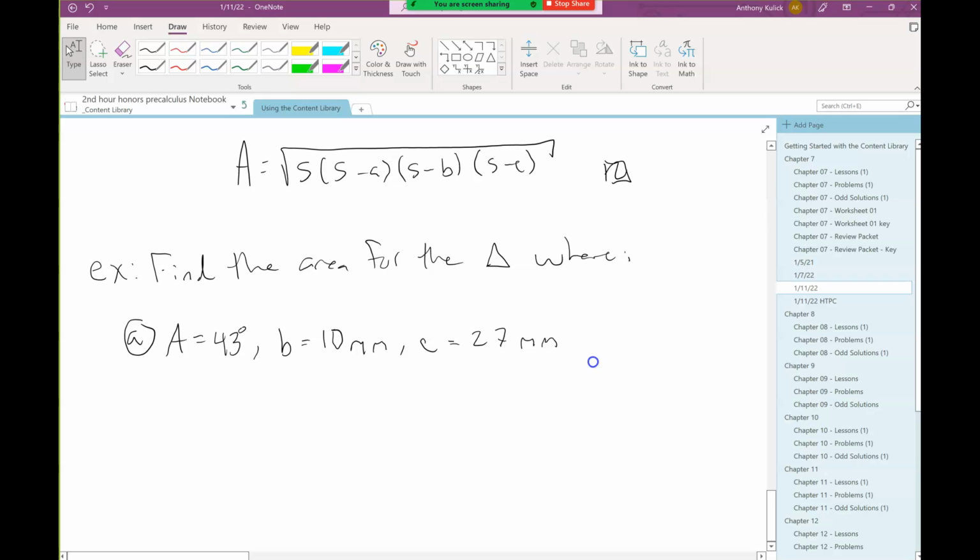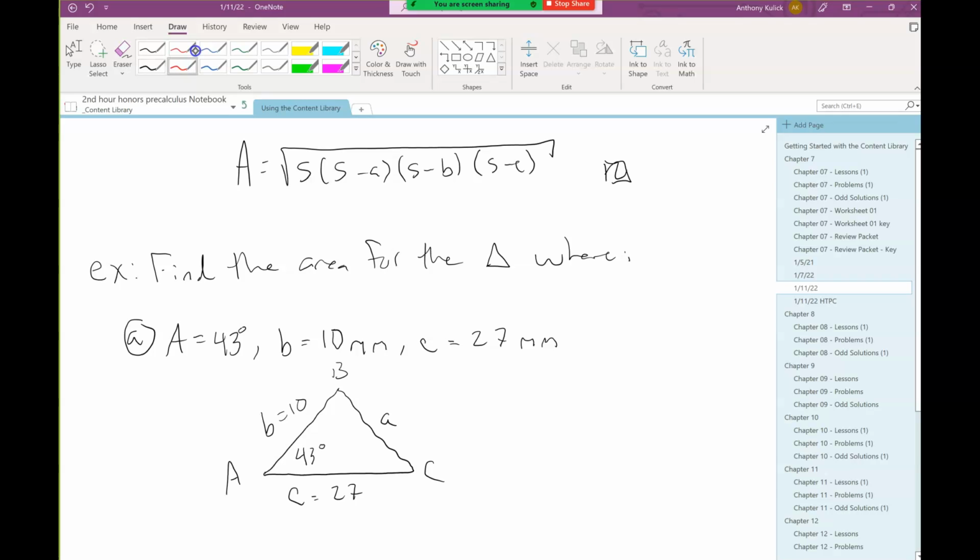So let's say we want to find the area for the triangle that has angle A being 43 degrees, side B being 10 millimeters, and side C being 27 millimeters. So we'll start by drawing and labeling a picture.